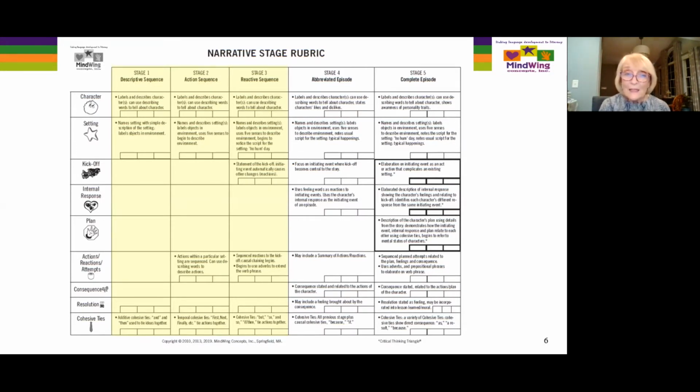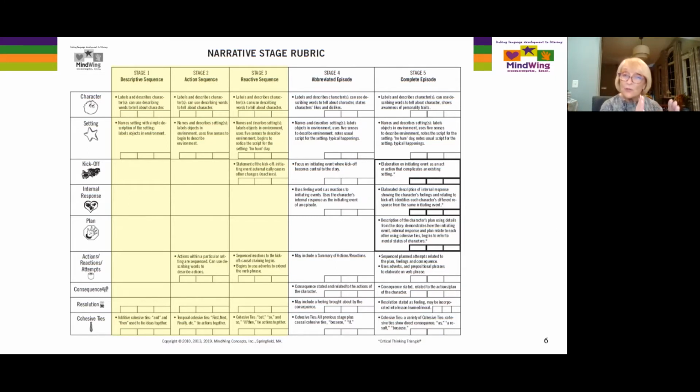At the beginning, I showed you the stages of narrative development with the icons that build on each other, where the icons are added gradually through stage 5. This one is in words, and the icons are down the side. And as you look from left to right, you see that it has filled in, with left being the beginnings.